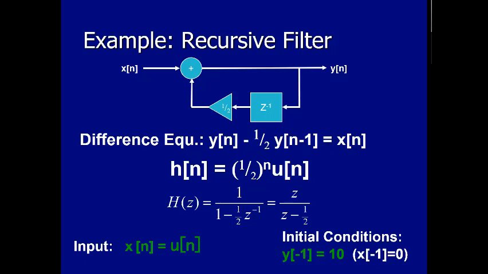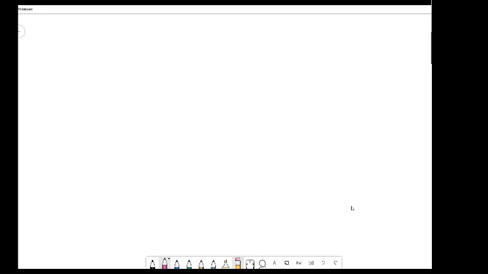What is the total response, including zero input response and zero state response? For that, we'll need to switch over to a whiteboard. So just to keep the problem in front of ourselves, let's write the difference equation again: y of n minus 1/2 y of n minus 1 equals x of n.